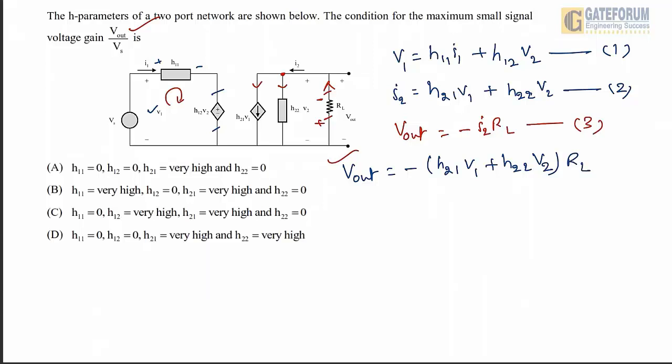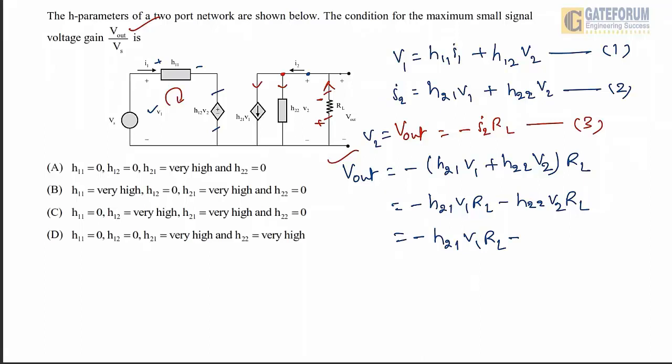Rewriting, this is minus H21 V1 RL minus H22 V2 RL, and this node point V2 is the same as V out, so at the place of V2 we substitute V out.